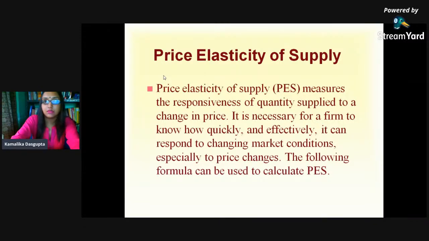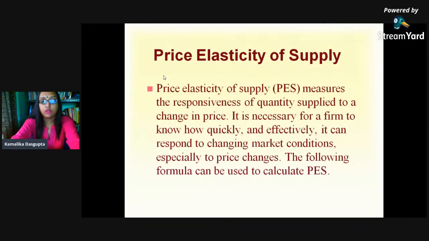Why is price the most important aspect for supply? Because producers always want to maximize their profit, and to maximize profit, you will have to adjust your supply with the changing market conditions, especially to price changes. So price elasticity of supply is basically measuring the responsiveness of quantity supplied to a change in price.